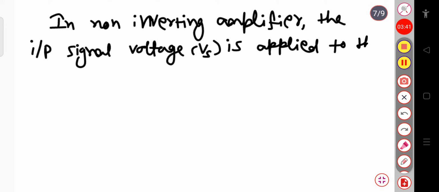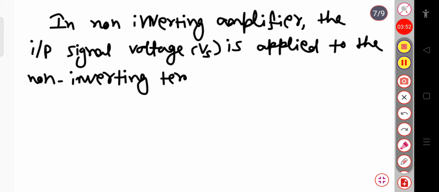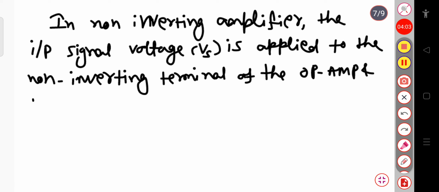Since its name is non-inverting amplifier, the signal is applied across the non-inverting terminal of the op-amp. So the signal is applied to the non-inverting terminal of the operational amplifier, and the inverting terminal is grounded.